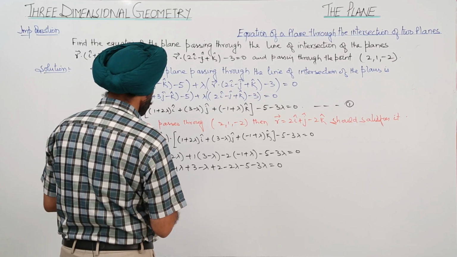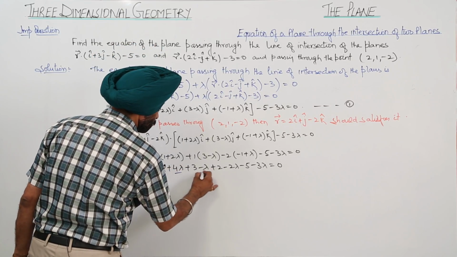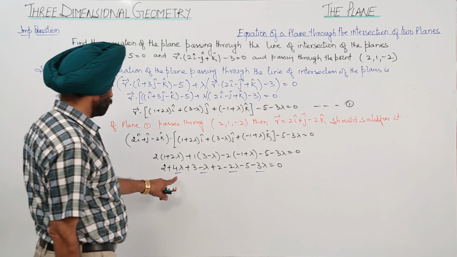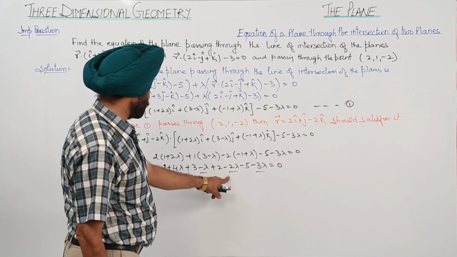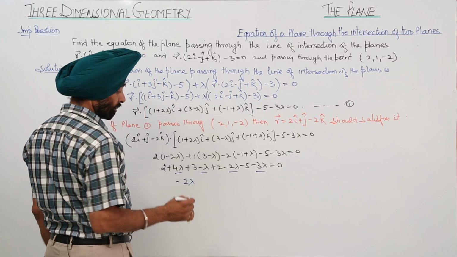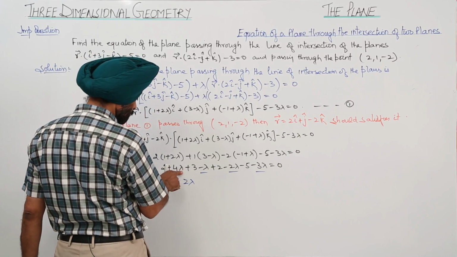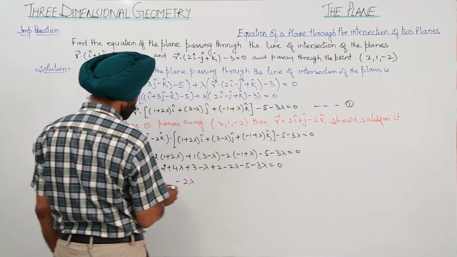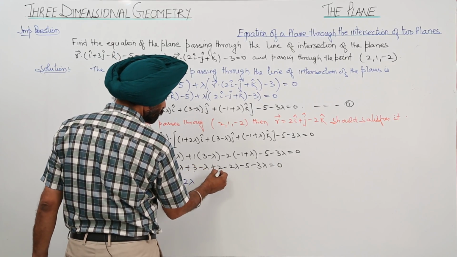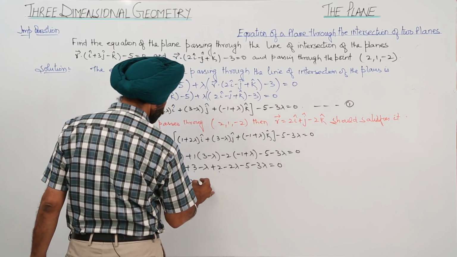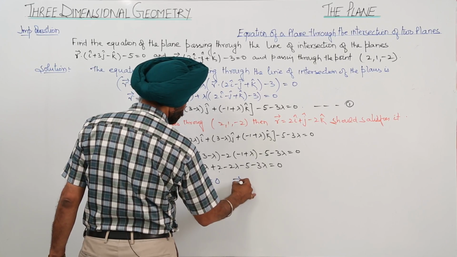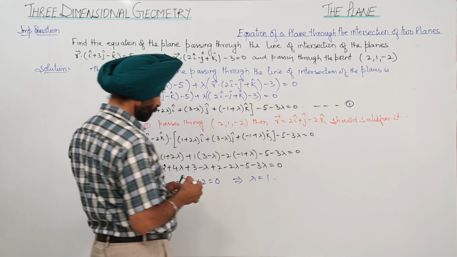Now 4 lambda minus lambda minus 2 lambda minus 3 lambda, we are having 4 different terms. Now minus 3 and minus 3, minus 6, 4 minus 2 lambda, minus 2 lambda is one thing. Then the constants: 2 and 3, 5, 5 and 2, 7, 7 minus 5 is 2, plus 2 is equal to 0, and this implies lambda is equal to 1.